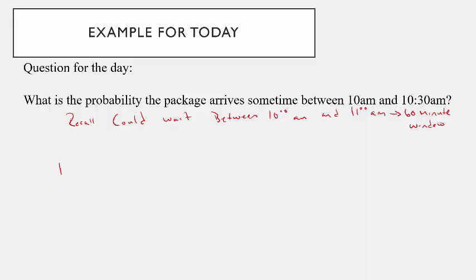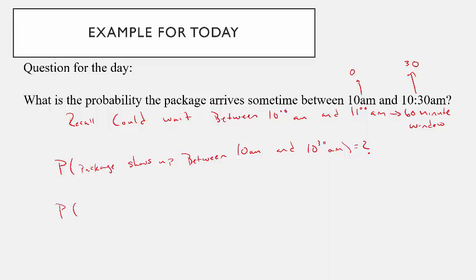Now I want to find the probability that the package shows up between 10 a.m. and 10:30. If it shows up right at 10, you spent 0 minutes waiting, and if it shows up at 10:30, you spent 30 minutes waiting. So I want to find the probability that the time you spent waiting is between 0 and 30 minutes.